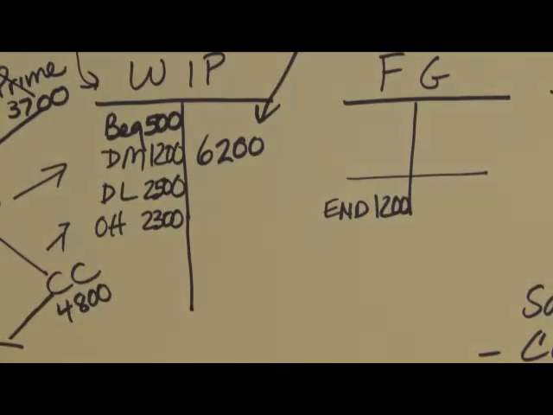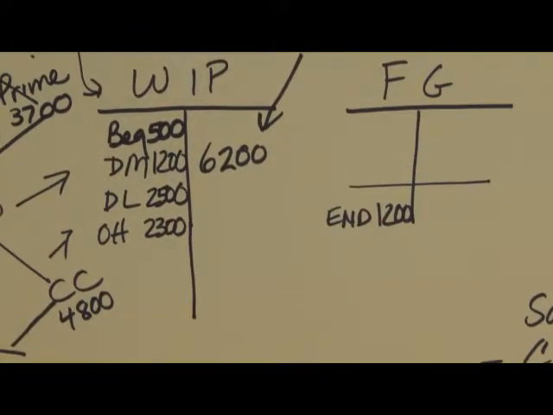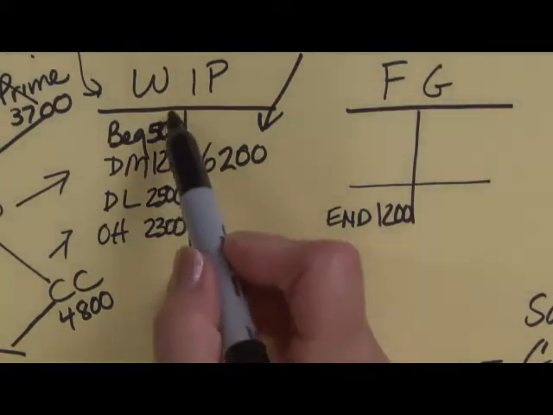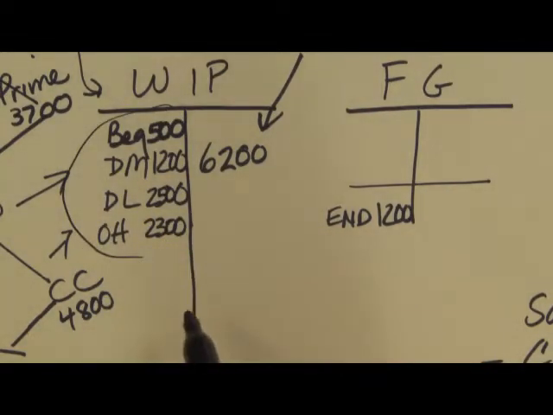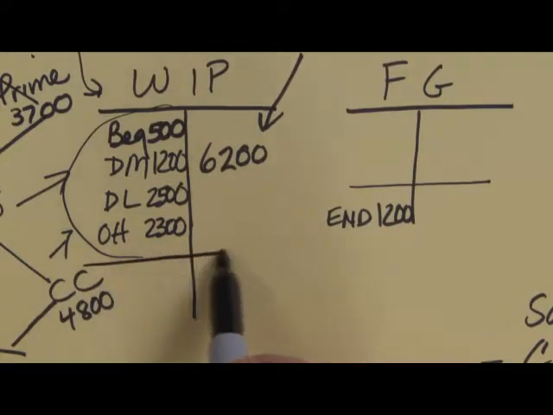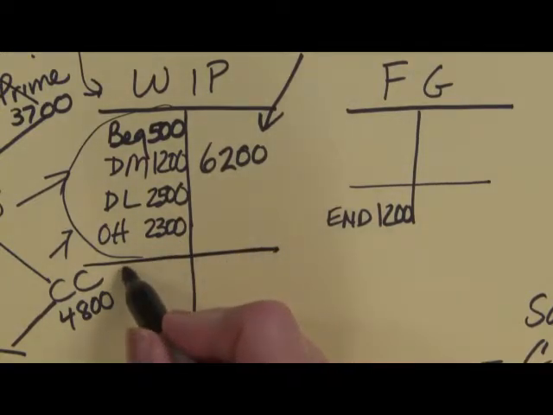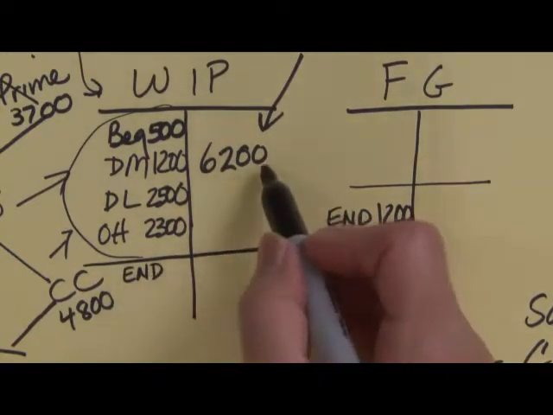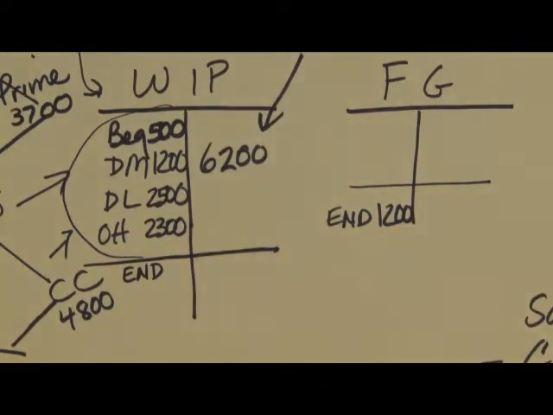Let's look closely now at this work in process account. We saw the material, labor, and overhead being added to the beginning. So if we add up all of these costs, then we know that these costs either have to be in ending inventory, which we'll put right here, or sent out to finished goods because they were completed, and we're told that's $6,200.